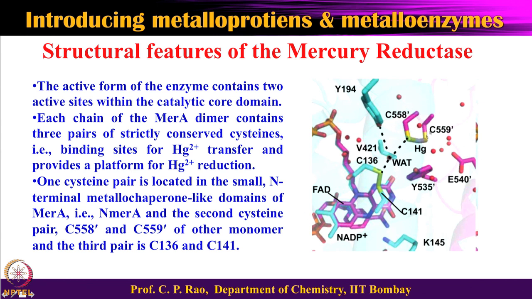Therefore, it has to move from 558 559 to 136 141, and the mercury moves very nicely through all this, and is picked up by 136 141. I have shown all the steps: the mercury binding, one cysteine breakage, 2 cysteine breakage, and both cysteines of the next pair started interacting.